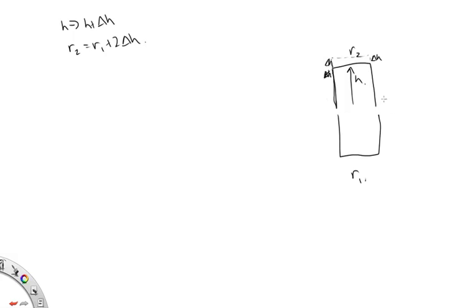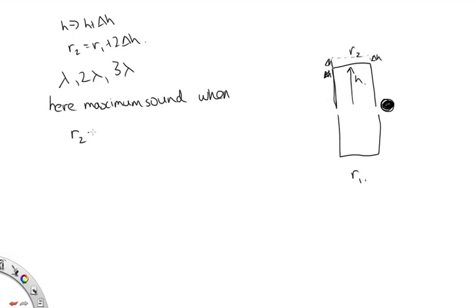Now what we're interested in is the waves arriving here. If there's a difference of 1 wavelength or 2 wavelengths or 3 wavelengths between them, then they will still be in phase and we will get a maximum. So here, maximum sound when the path difference, which is R2 minus R1, is equal to n lambda, any integer number of wavelengths, where n is an integer.